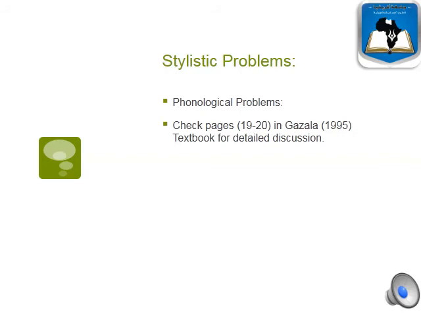Another type is fronting. A word or phrase or a clause can be put at the beginning of a sentence in an unusual way. As an example, "suicide, he committed," instead of "he committed suicide." So it's a sort of fronting.